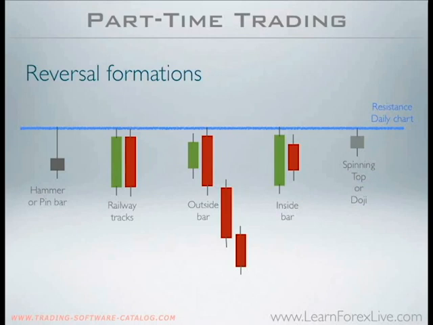Well, the reason behind that is because in these two patterns, we don't quite see the heavy market rejection we saw on the previous patterns. As you can see, and this is something that I forgot to mention before, so please pay a little bit of attention here. On the railway tracks, the outside bar, the pin bar, the name of the game, the trick here, is that heavy rejection we got as price reaches that level of resistance, right?